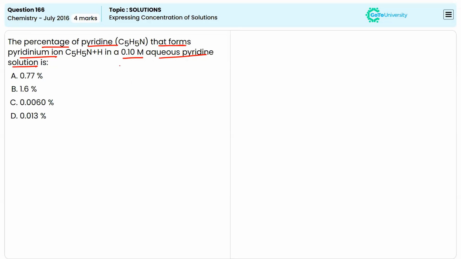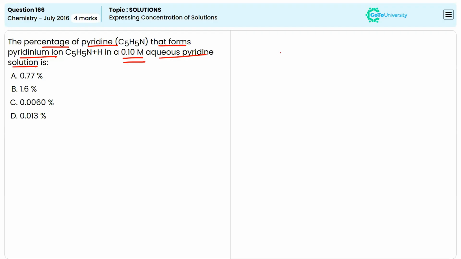It is given that the concentration is 0.1 molar, and we need the percentage of pyridine undergoing dissociation. So we have to use the equation including the base dissociation constant, because pyridine is a weak base and will undergo partial dissociation.